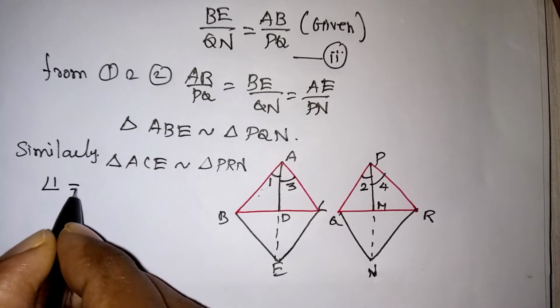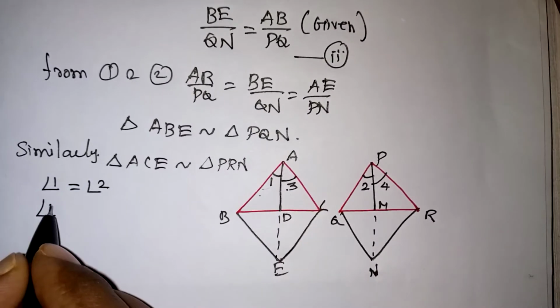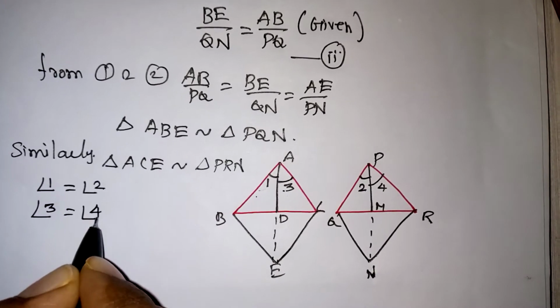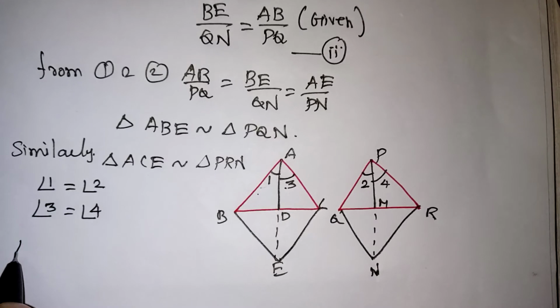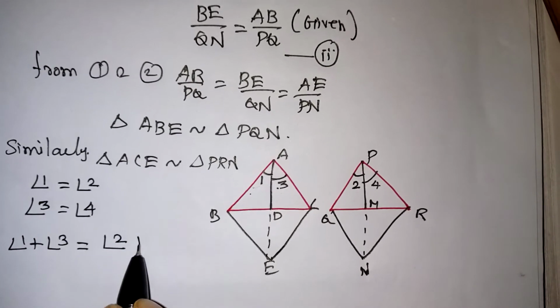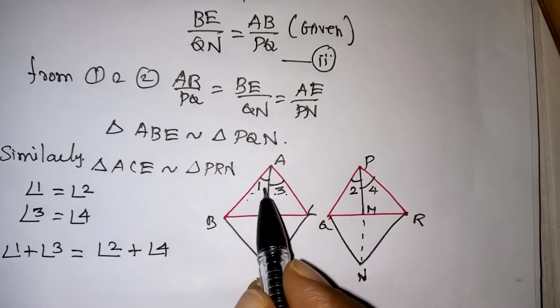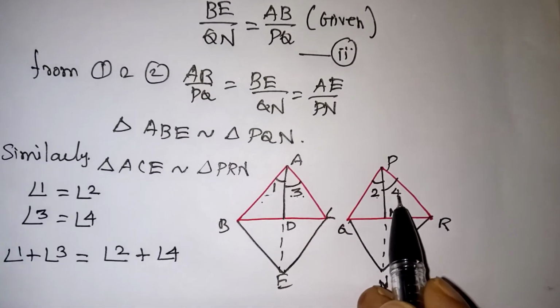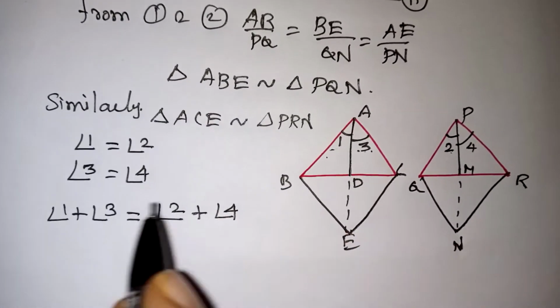We know that angle 1 is equal to angle 2 and angle 3 is equal to angle 4, both are angles of similar triangles. Now we are going to add these two. If we add angle 1 plus angle 3, definitely that will be equal to angle 2 plus angle 4, because this and this are equal, this and this also are equal.